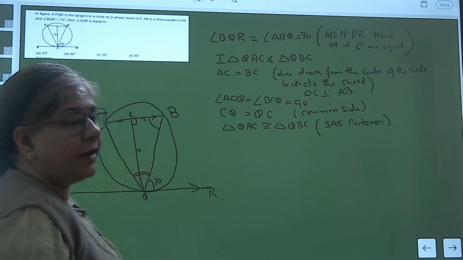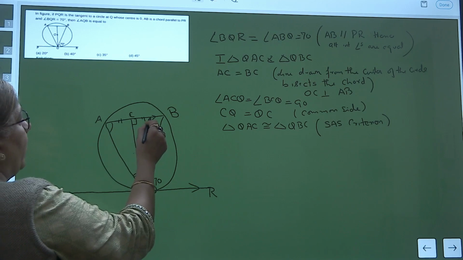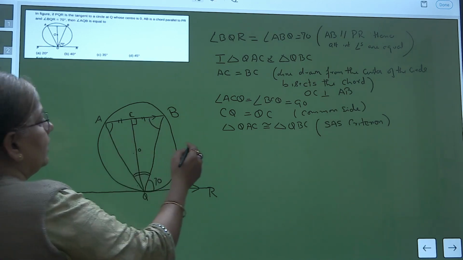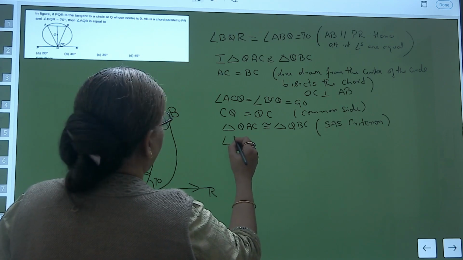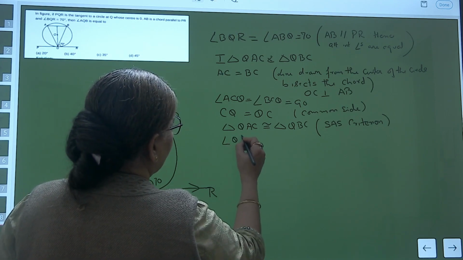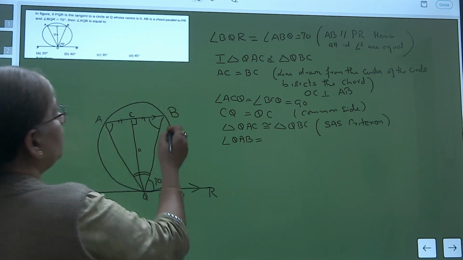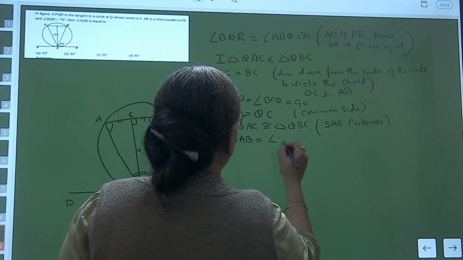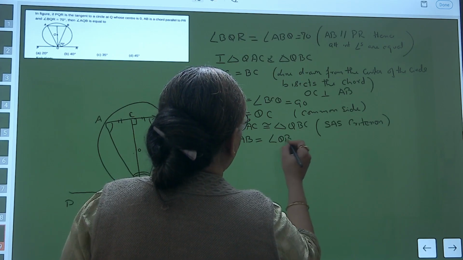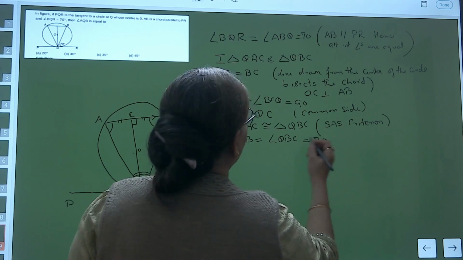Hence, we can say angle A is equal to angle B. So we can say angle QAB is equal to angle QBC, which is equal to 70 degrees.